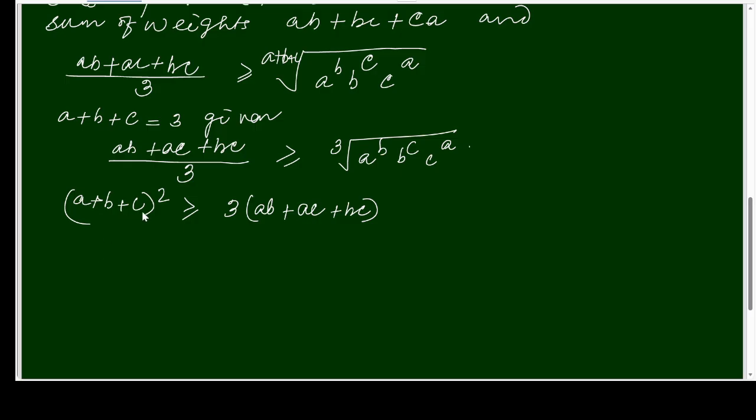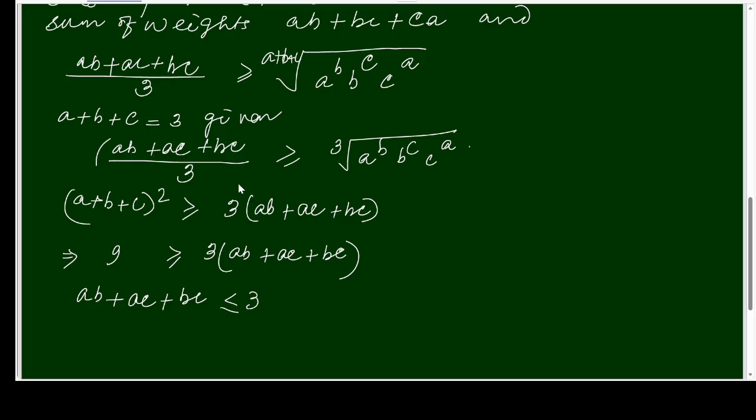Or A plus B plus C square is equal to 3 square, 9, which is greater than or equal to 3 times AB plus AC plus BC. Or AB plus AC plus BC is less than or equal to 3.